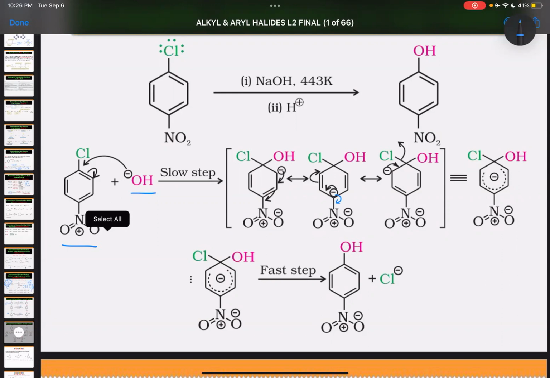Because this minus charge can get stabilized by the presence of NO2. It can undergo more resonance with the NO2 group. If NO2 is suitably placed, at ortho and para positions, then only the minus charge will get more stable. But an electron donating group will make it unstable.